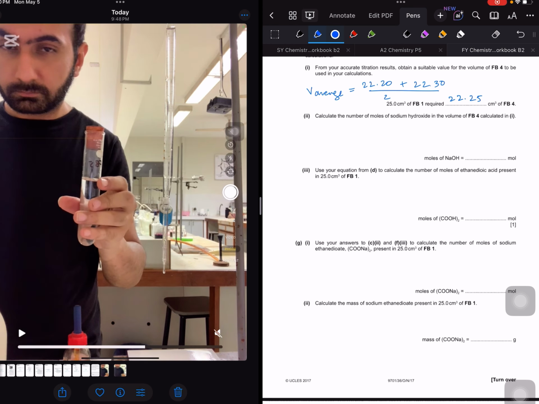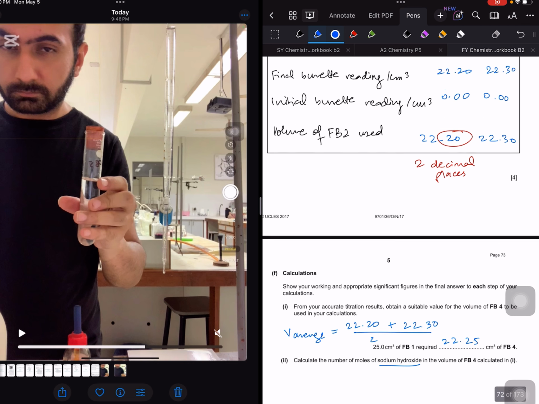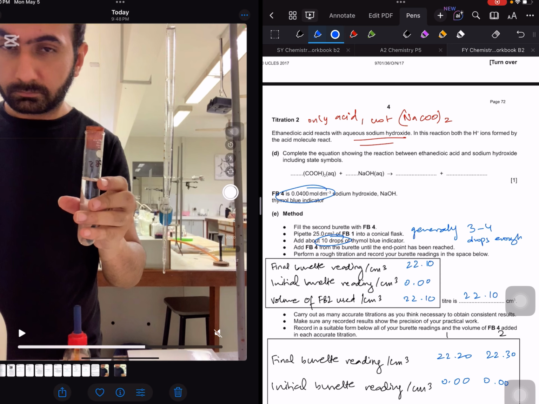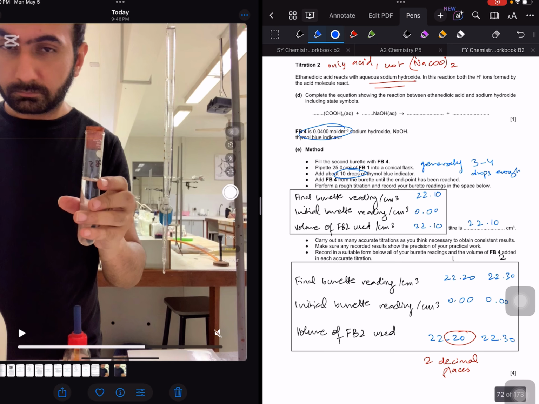Let's do some calculations. Calculate the number of moles of sodium hydroxide. So what do we need? We need the concentration. What's the concentration for sodium hydroxide? Have they mentioned? 0.04. And sodium hydroxide, by the way, this should be FB4 here and FB4 here, because you had your FB4 sodium hydroxide in the burette.